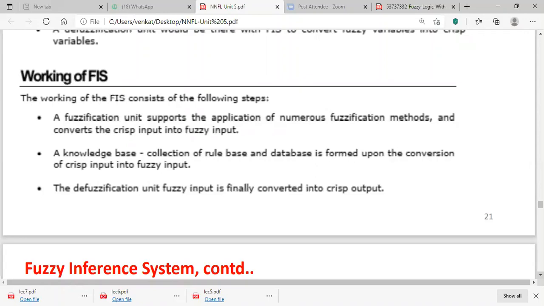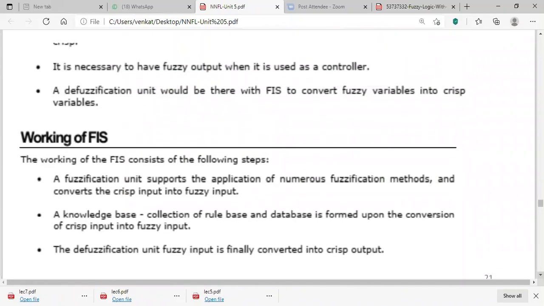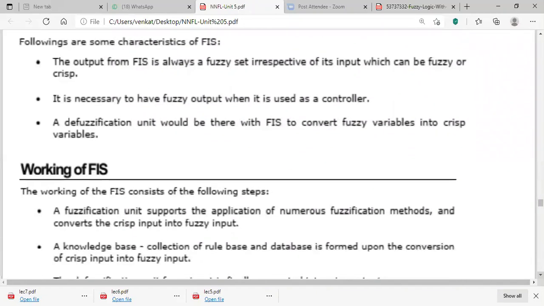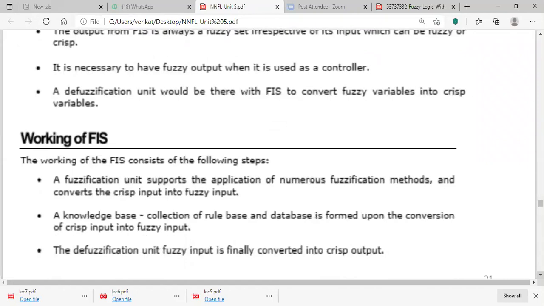Fuzzy output is finally converted to crisp output. That is the working of FIS. You have three major blocks: fuzzification at the input, defuzzification at the output, and in between you have the rule base collection.